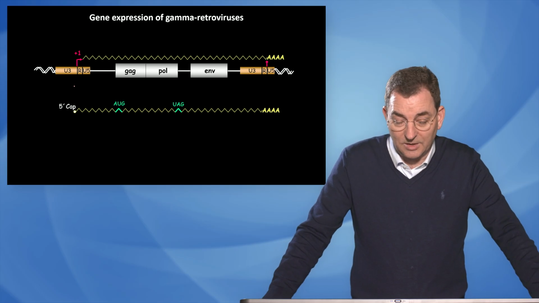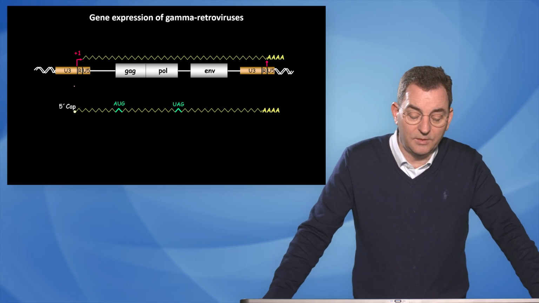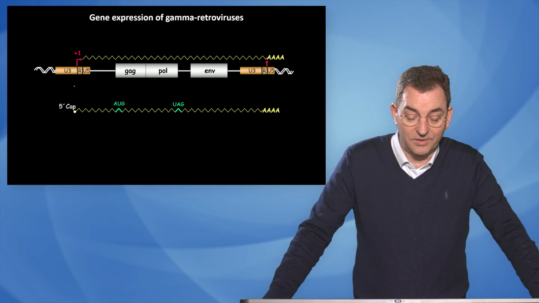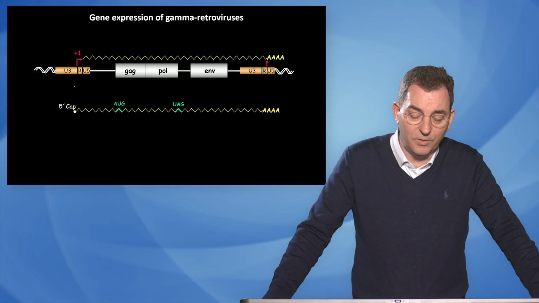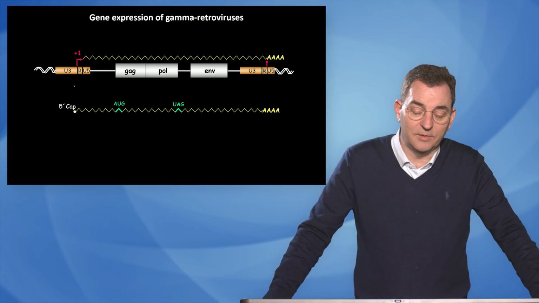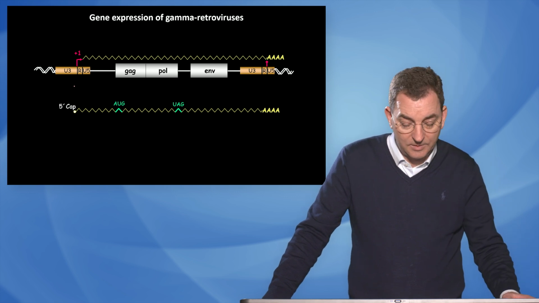But to keep it simple, one polyprotein containing the GAG and POL regions is translated from this messenger RNA, and the components of GAG and POL I showed you before are then formed by proteolytic activity.